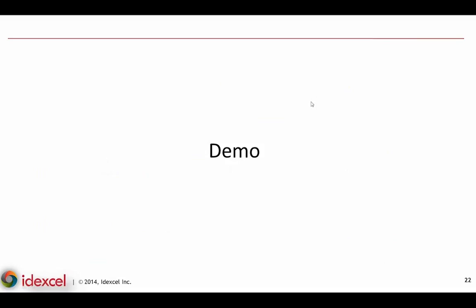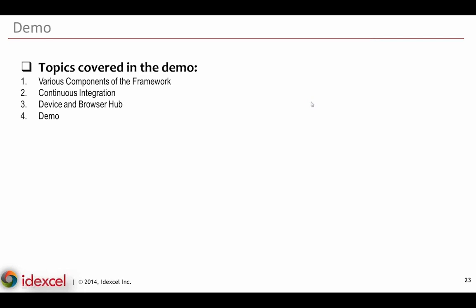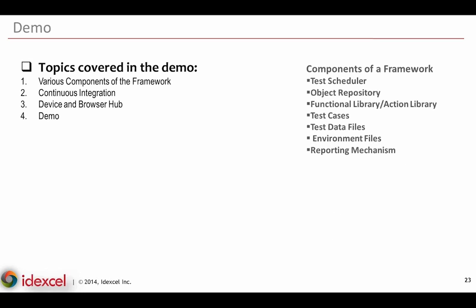So now we look at the actual product that we have, and there are a few things that we're going to cover. We're going to cover the various components of the framework. Earlier we talked about that. That will include the test scheduler, object repository, functional libraries, test cases, test data files, environment files, and reporting mechanism.